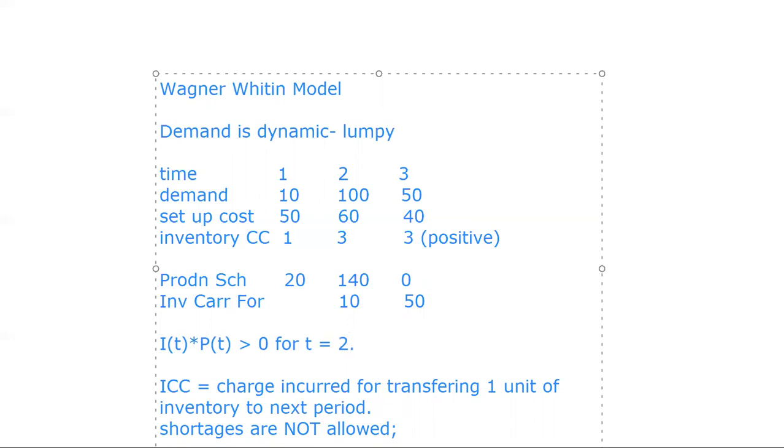Right? In period number 2, I'm producing 140, and at the same time I'm carrying 10 units of inventory.